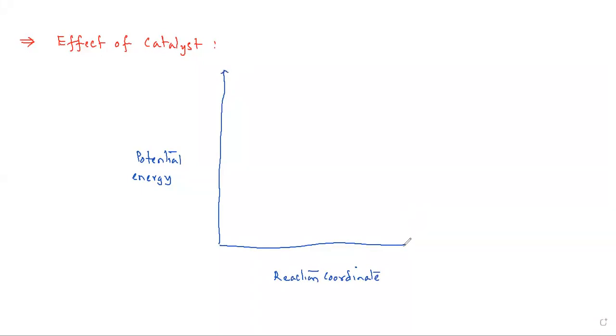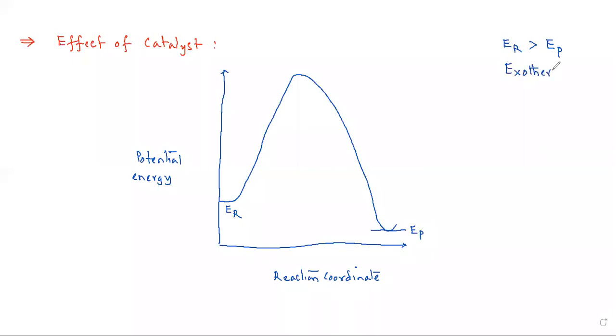Look at this. See, this is the energy of reactants and this is the energy of the product. Now, because energy of the reactants is greater than that of the products, we can say that the reaction is exothermic, right?